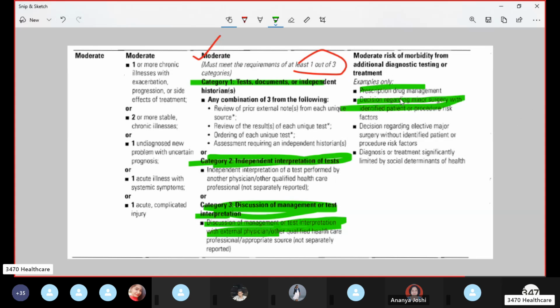So the decision regarding minor surgery, they are planning minor surgery with an identified risk present.